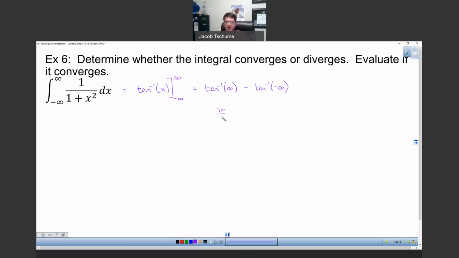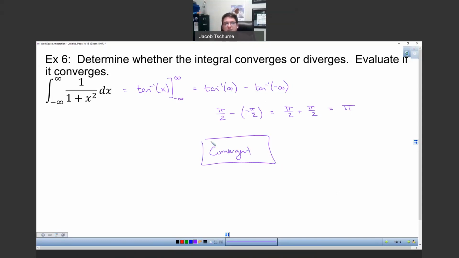You should get pi over 2 minus a negative pi over 2, which is the same thing as pi over 2 plus pi over 2, which gives me a value of pi. That is the value you found for the area under the curve. So once again, this is a convergent improper integral.